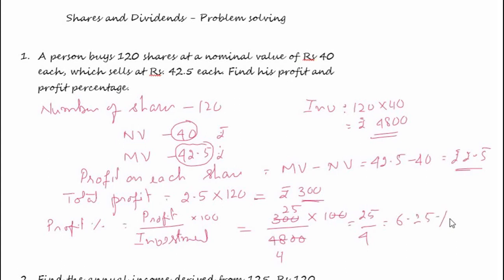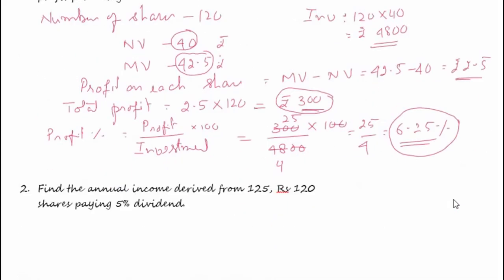So that is the profit percentage. So in this transaction, he makes a profit of rupees 300 and his profit percentage is 6.25. Let us go to the next problem.